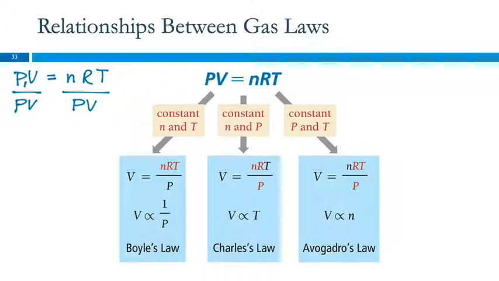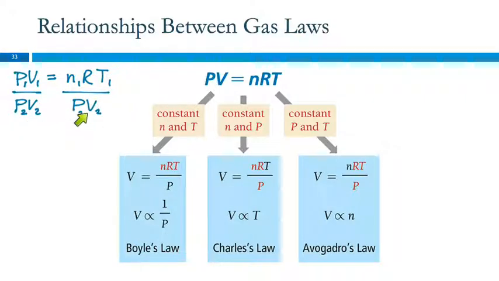I'm going to call this P1, V1, n1, and T1. And let's say we're going to divide it by P2, V2. As long as I do the same thing to both sides, it's still equal.